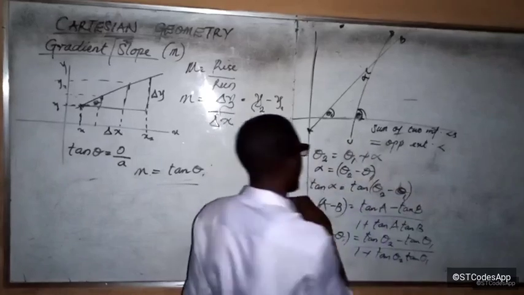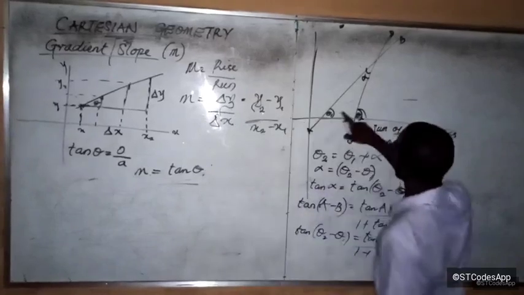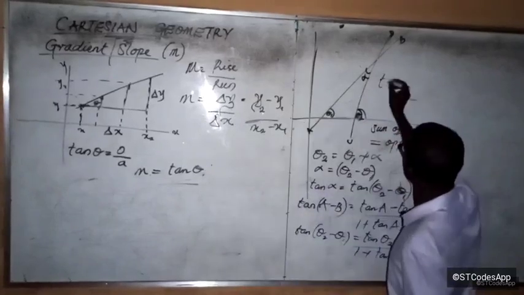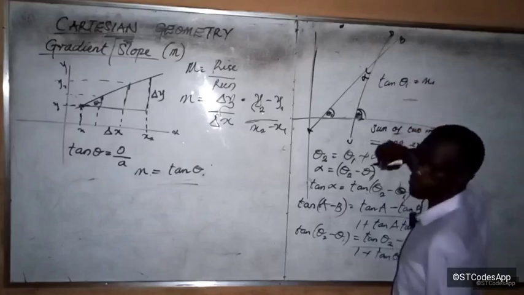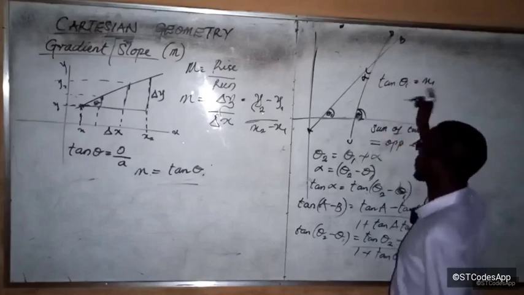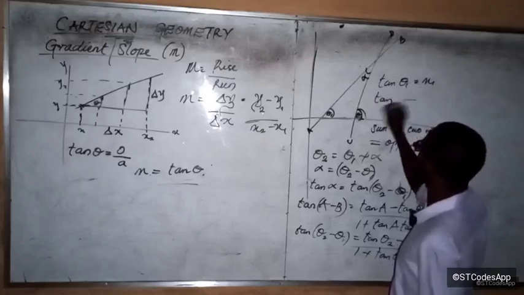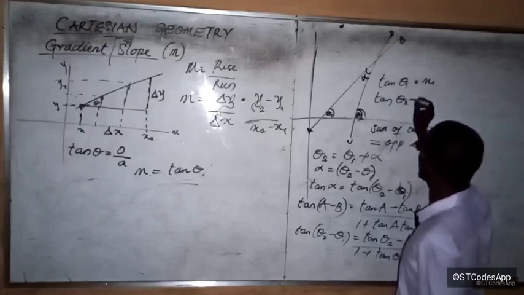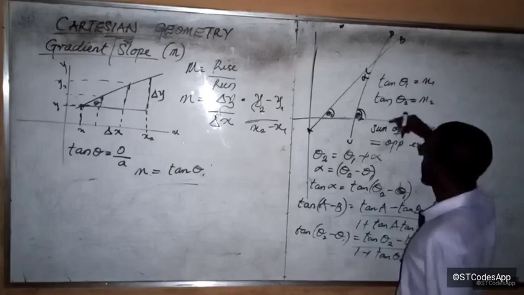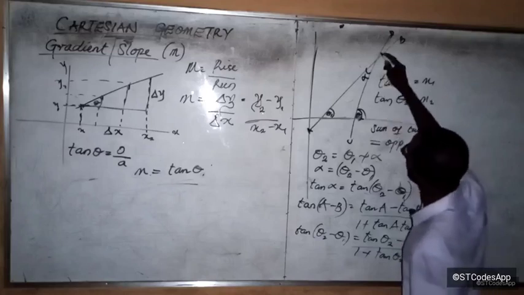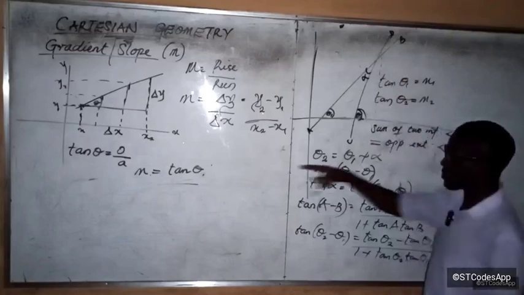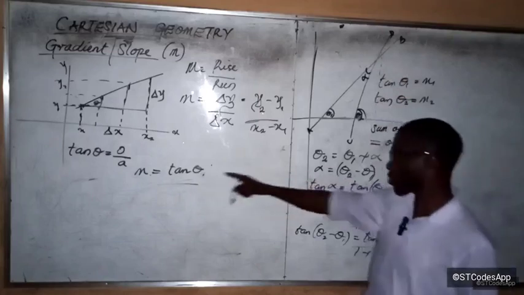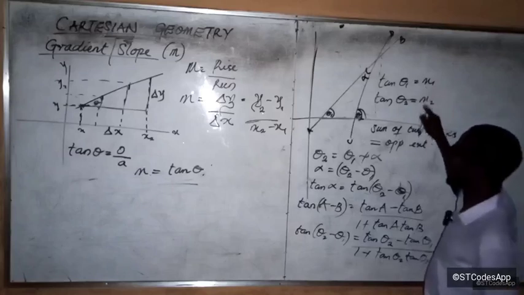And remember that the gradient of this line itself, tan theta 1, is equal to gradient 1, so it is m1. And the gradient of this second line, tan theta 2, is equal to m2. Here, we are only naming them 1 and 2.